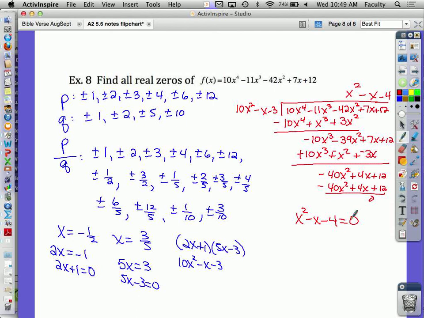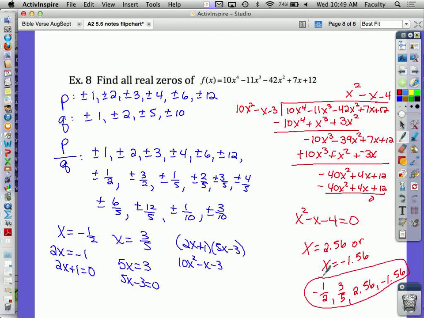So we're going to use quadratic formula, and we can use our program here. So my solutions are negative 1/2, 3/5, 2.56, and negative 1.56. Notice it was x to the 4th, and so I have 4 answers.